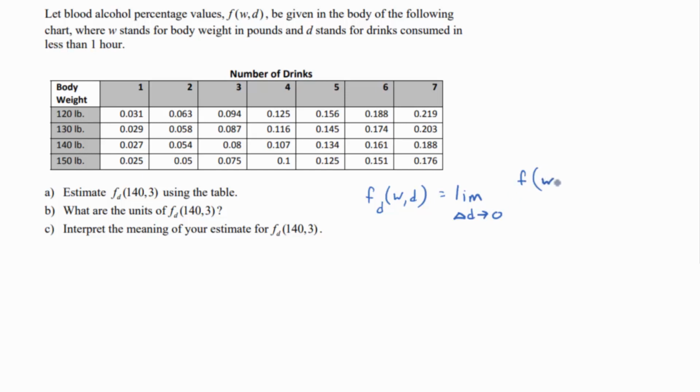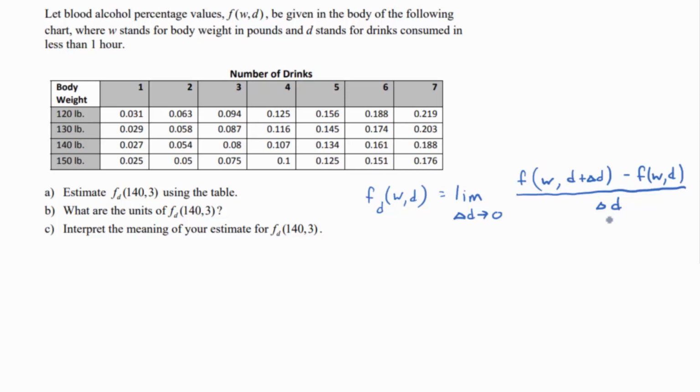F of W, comma, D plus delta D, and then minus F of W, D, all over delta D. Does everybody agree with that? Okay.